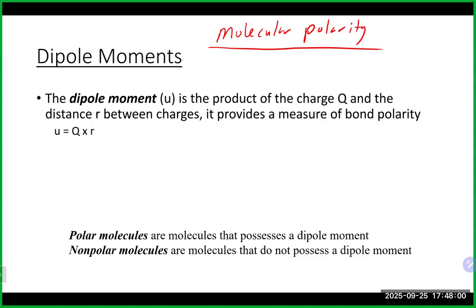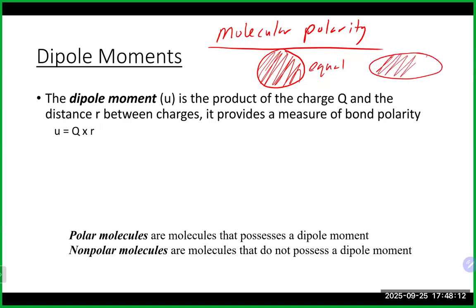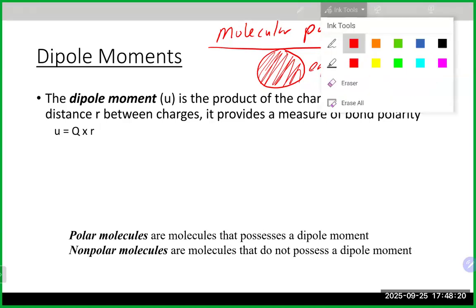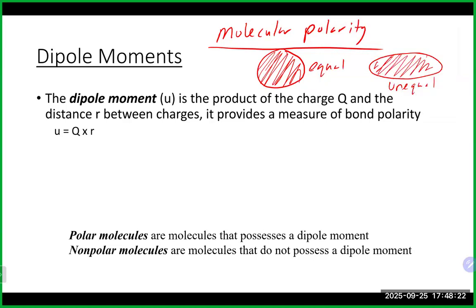That is overall, is this molecule going to share the electron density equally? Or are they going to share it unequally? And the result of unequal sharing overall is, actually, I'm going to draw it like this, maybe a little better.